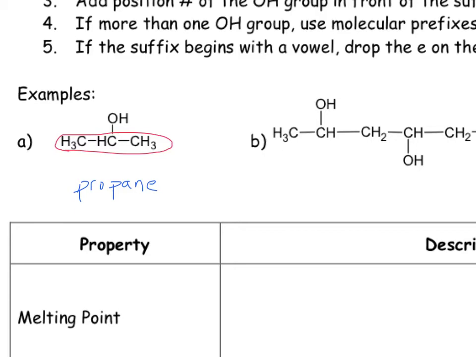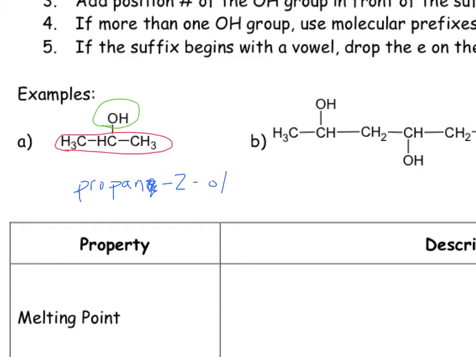Now, to indicate that there is a hydroxyl functional group on the molecule, I would add the position number 2 and -ol. Following rule number 5, if the suffix begins with a vowel, I will drop the E on the parent name. This gives molecule A the name propan-2-ol.